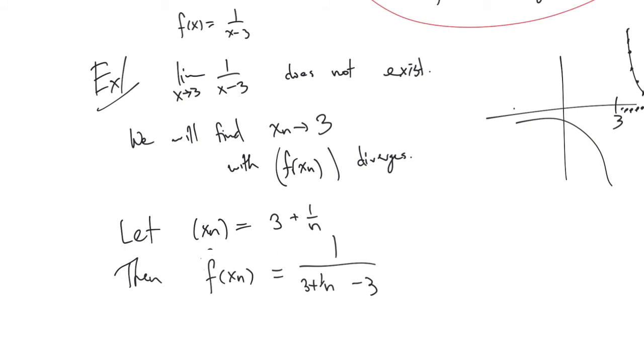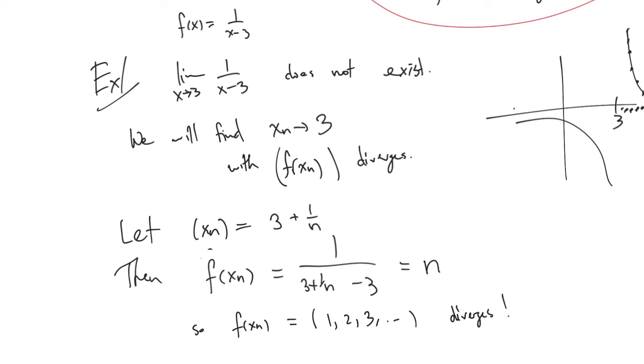I need to show that this diverges. Can we simplify anything here? Well, you bet we can. The 3's will cancel down there, and then I have 1 over 1 over n, which is n. And would you say that this diverges? Yeah, it does. So f of xn as a sequence is just n. It's just 1, 2, 3, which diverges.